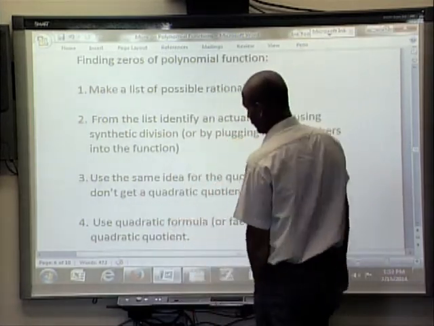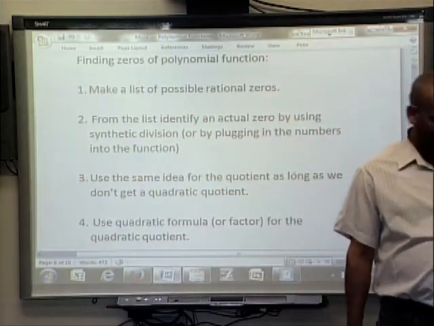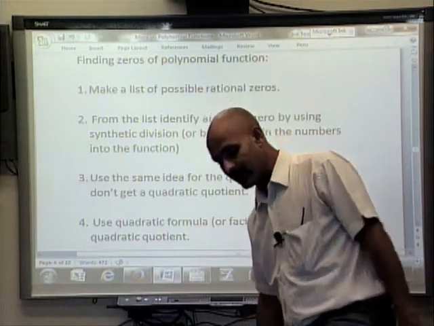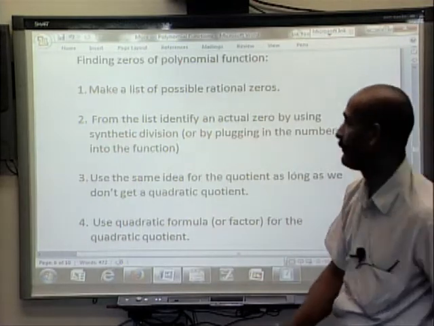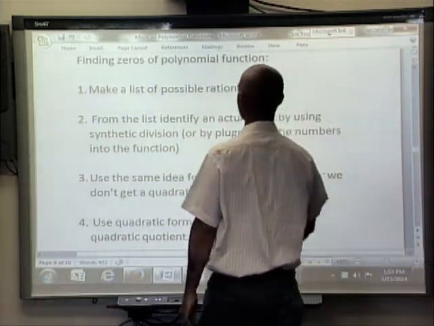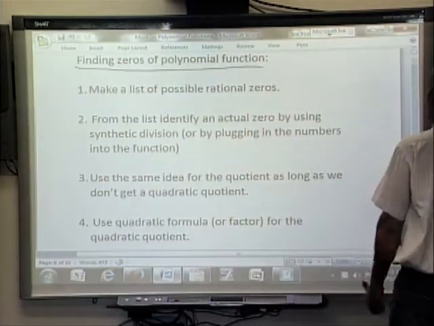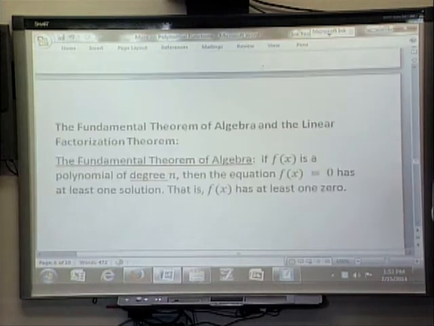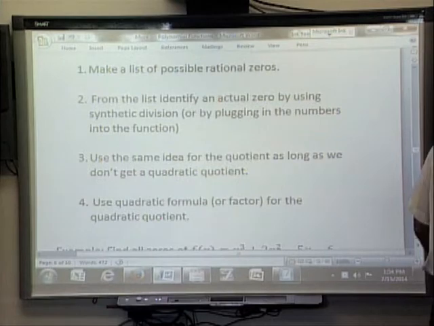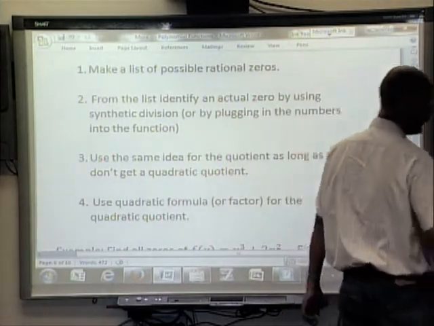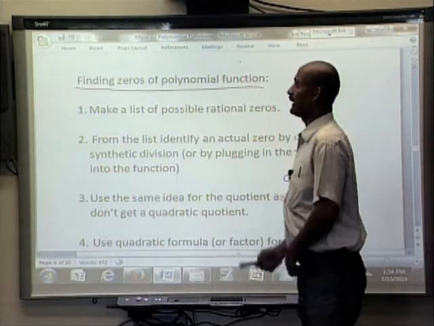Well, the rational zero theorem together with the factor theorem, remainder theorem and any other thing we learned till now can be used to find all the zeros of a polynomial function. In order to find zeros of the polynomial function, the first thing we need to do is, using the rational zero theorem, make a list of all possible rational zeros.